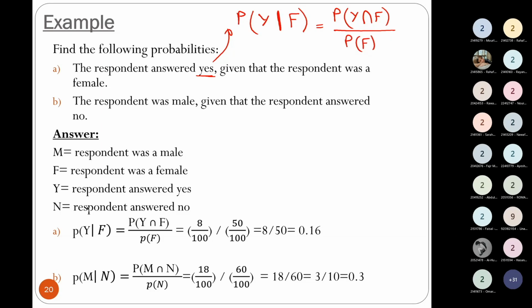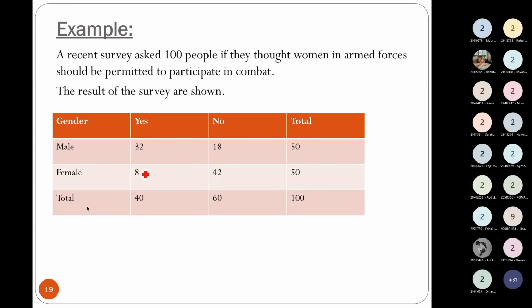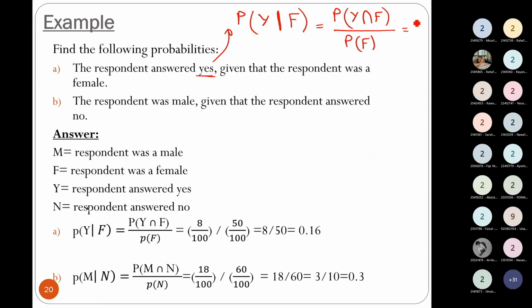The intersection of yes and female is 8 over 100, where all students, 100, is the sample space. The probability of female is 50 over 100.